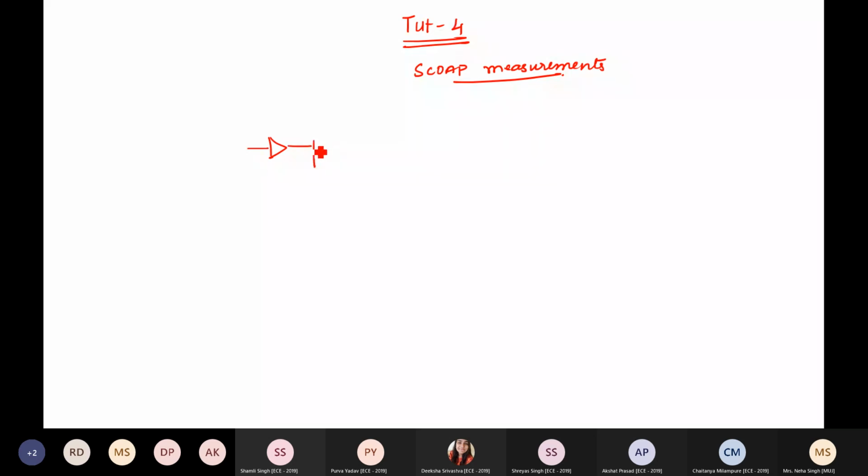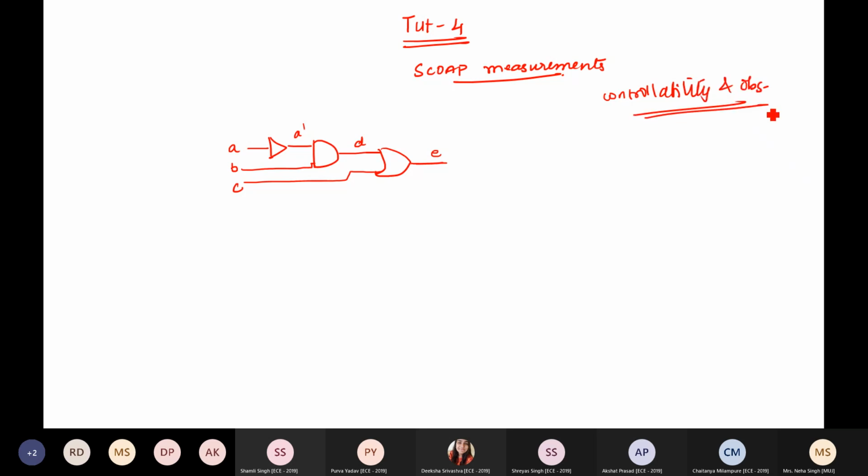Looking at the first circuit, A, B, C, A dash, D, E. You have to find the controllability and observability for each of the wires.